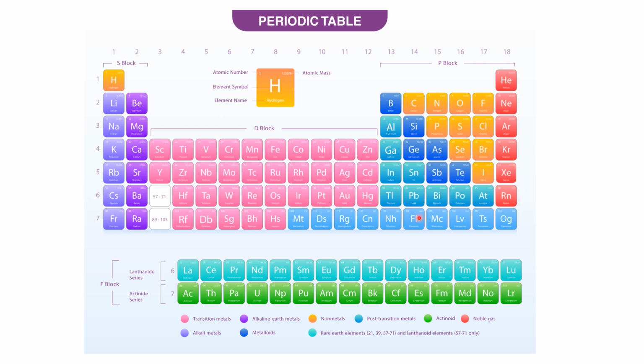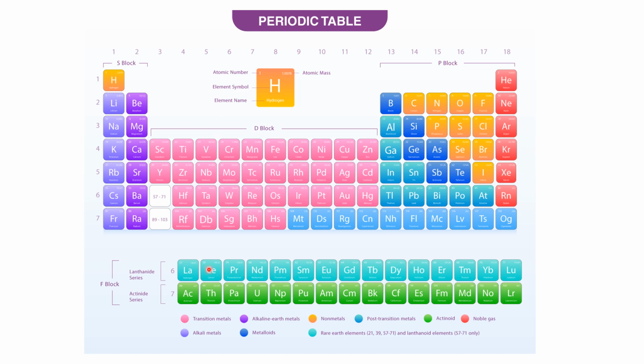These are the non-metals, which are in yellow color. Which block do the non-metals come in? You might be able to say it is the P block. Non-metals are coming in the P block. And these are called rare earth elements.